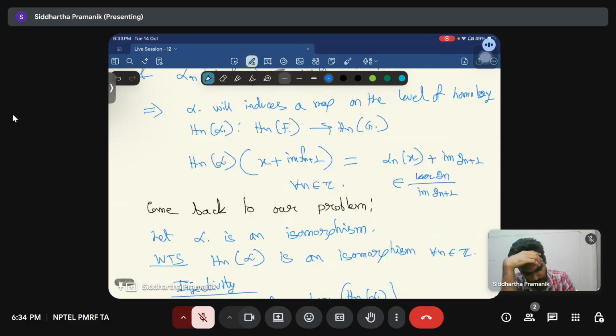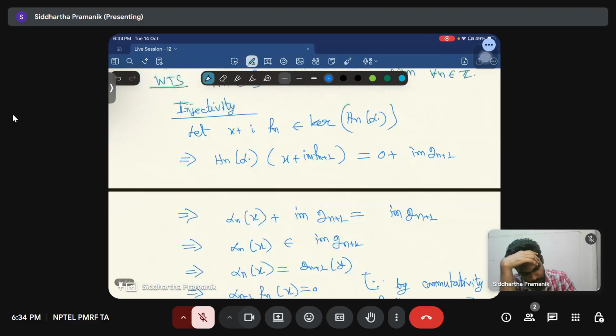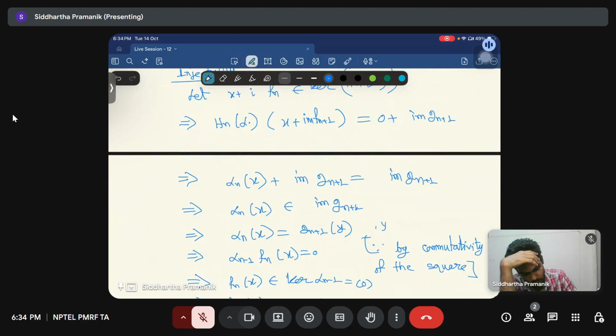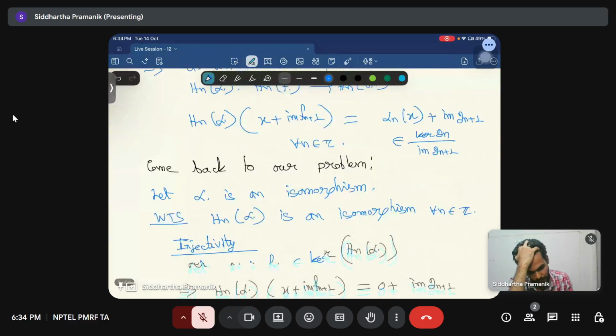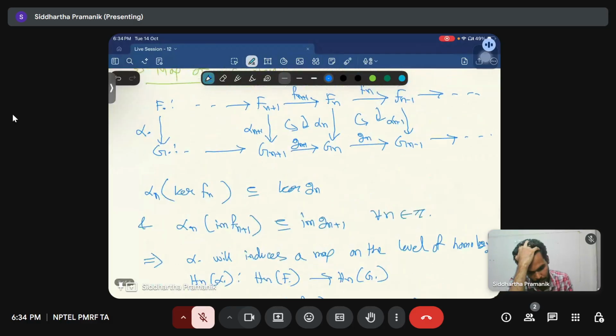So where is g_{n+1}? Yeah. So y belongs to g_{n+1}. So g_n composed with alpha_n then will be 0.